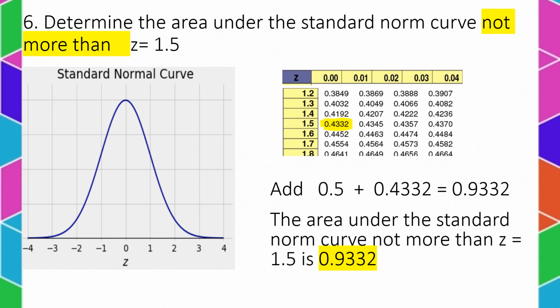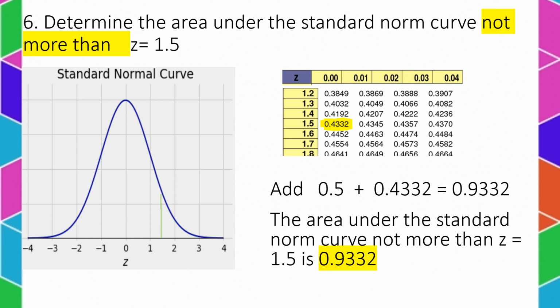So let us locate 1.5 in the graph. Where is 1.5? So going to the right from 0 to 1 to 1.5, that is between 1 and 2. Okay, so 1.5 is the boundary. And sabi dun sa problem is not more than.